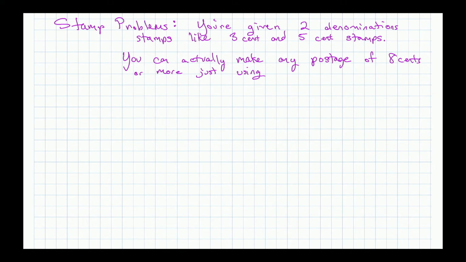More than one stamp, but just these values. Okay, and that's kind of the point of these problems, is to show that.